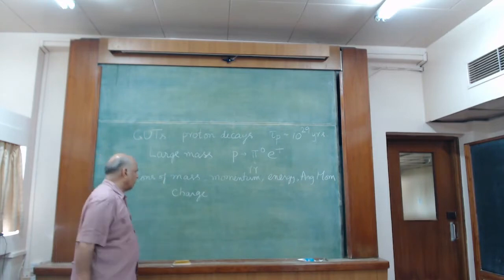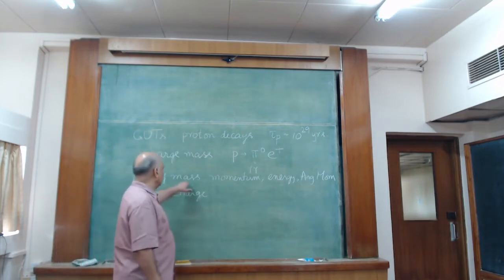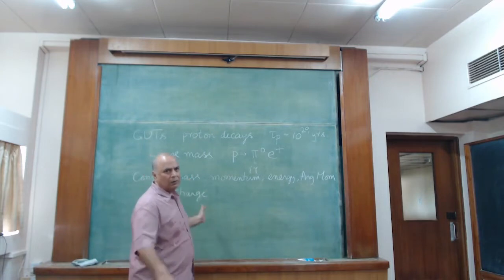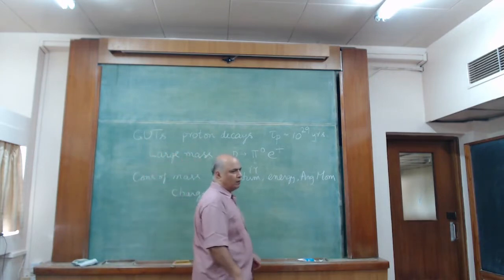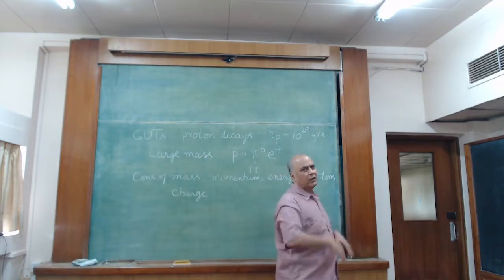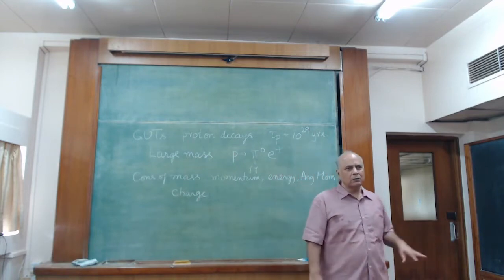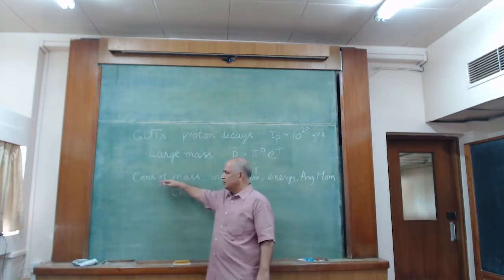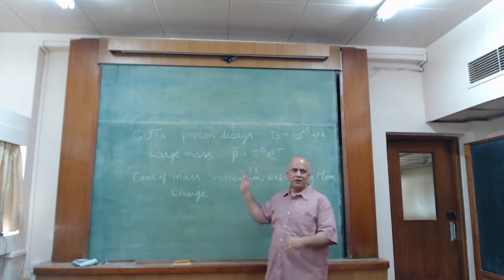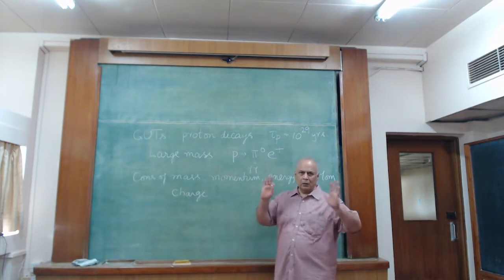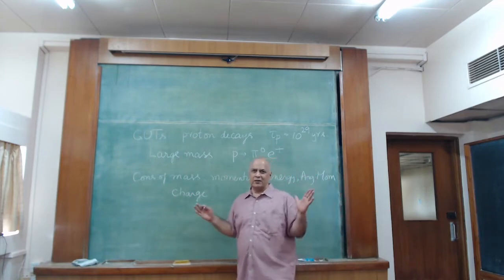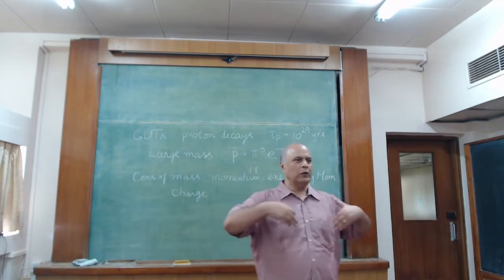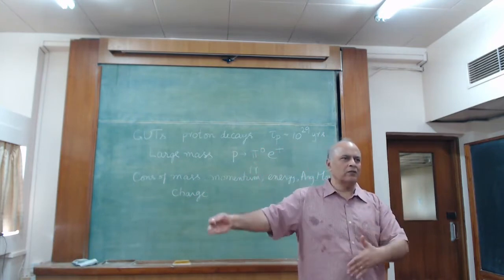But advent of relativity showed us that we cannot insist on law of conservation of mass, because mass can be converted into energy and energy can be converted into mass. So instead of having conservation of mass and conservation of energy separately, we have conservation of energy, and in this conservation of energy, we look upon mass also as a form of energy.